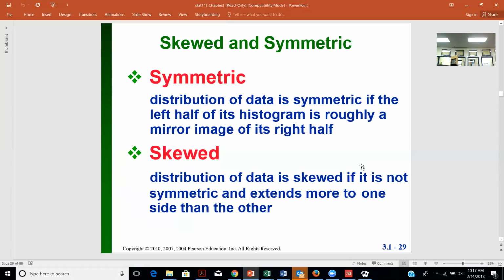So this is a skewed data set. If we were to do a smooth curve of this, it would start at 0 because we have no data points below 60, right? It would start at 0 and it would look like that with a big tail on one end. This is a skewed distribution.